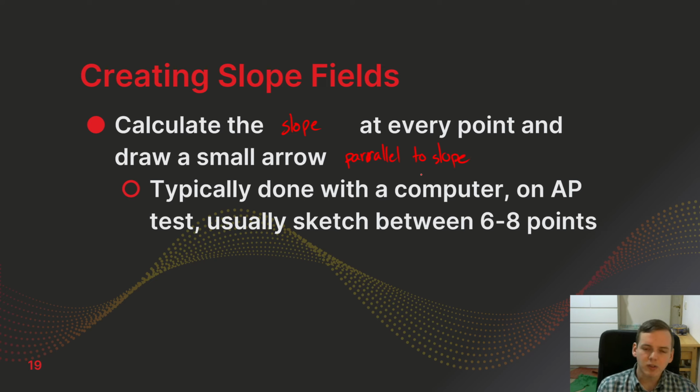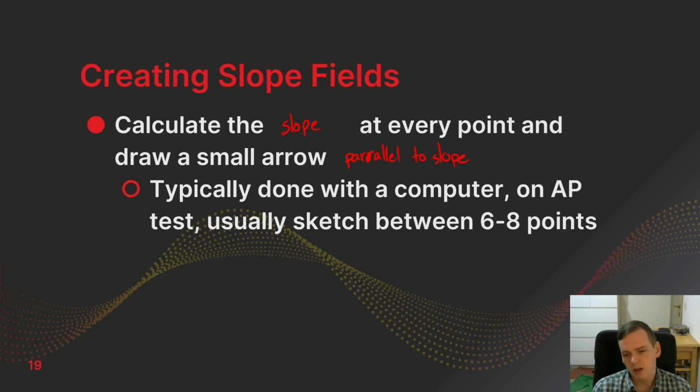Now, when you actually go to create slope fields, if you're going to do it for any sort of real practical application, you would just use a computer these days. On the AP test, they'll usually give the slope field questions on the multiple choice because it's not realistic to be drawing all these arrows. It's kind of a waste of time. But if they do ask it on the free response, I've typically seen it between 6 and 8 points.